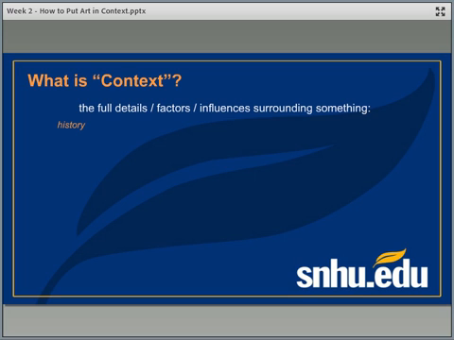This could be things like what was happening in history, what was happening in terms of style during the time period, or what was happening culturally, what kind of tastes or values were present at the time, what was happening economically or politically, what was happening in popular culture. Again, this goes along with tastes and ideas of style, what was popular at the time, what was happening religiously within this culture.